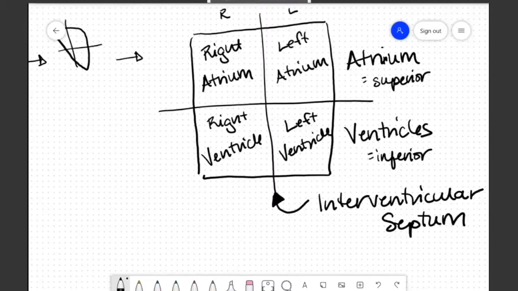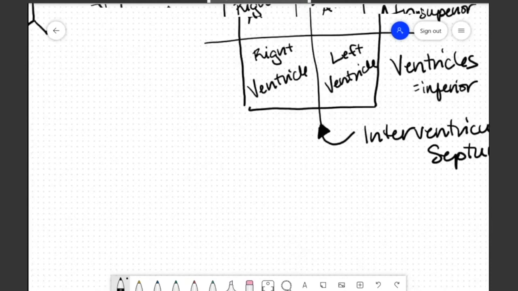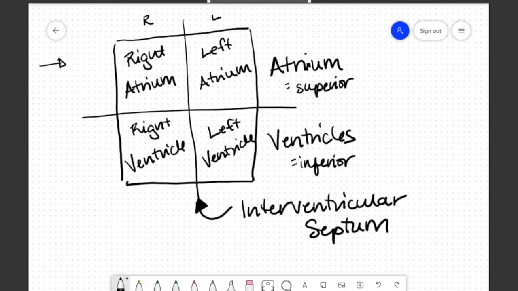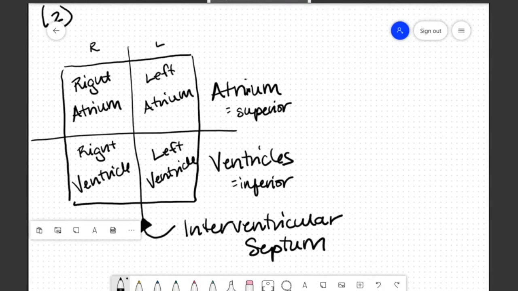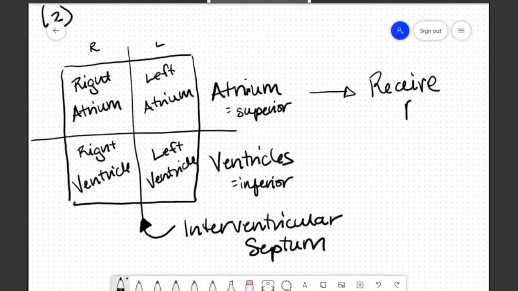Okay, so now what we have next is how does this work in relation to blood flow? When we're talking about our atrium, these are actually going to receive blood. So the atrium are the chambers that will receive blood. Blood will flow into these chambers.